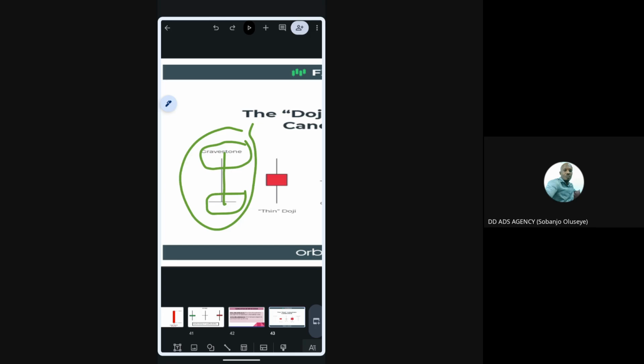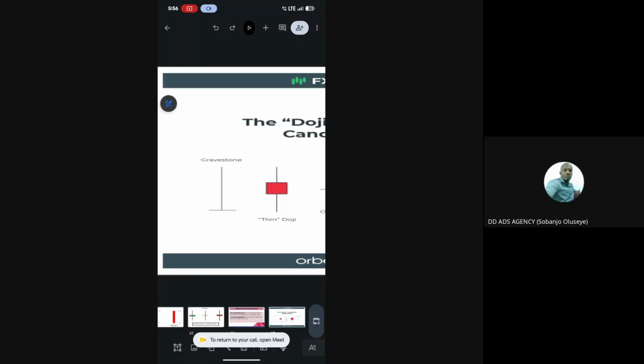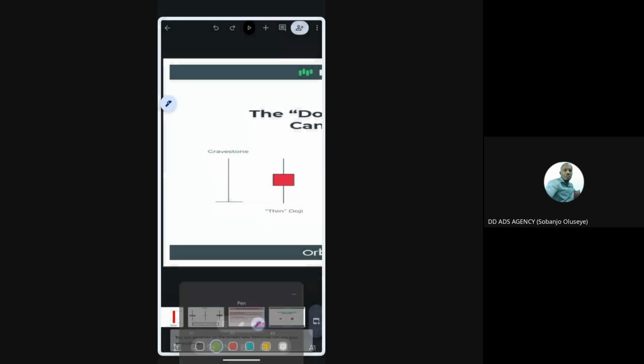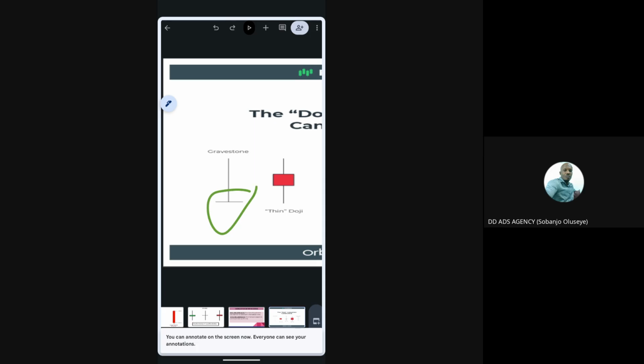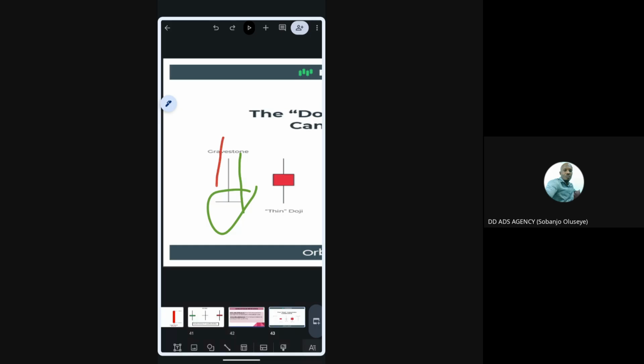Okay, and this candle right here is what we call gravestone. Just like the name implies, Mr. Shaye told us that the price started here. Buyers pushed it up, and then they got carried away. Then sellers stepped in, and they pushed the price all the way down.